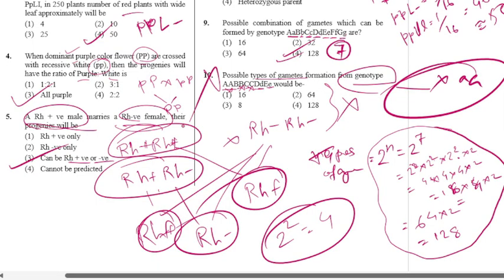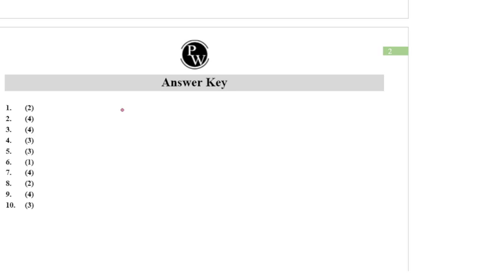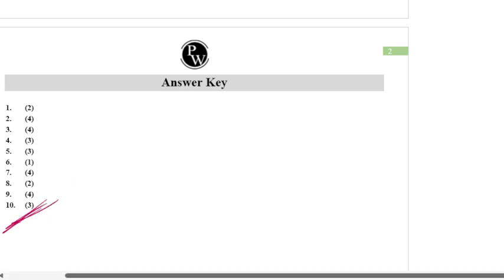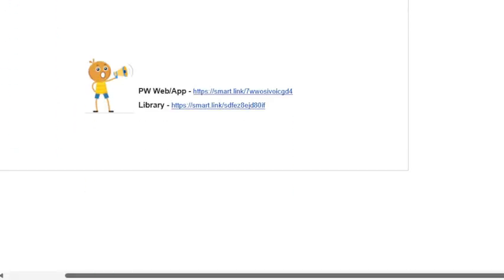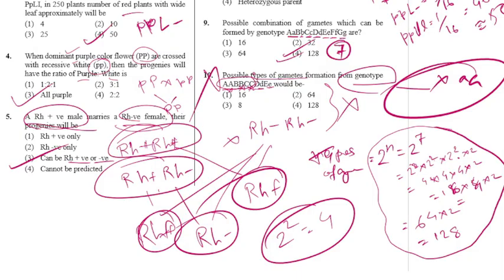So the question is incorrect. Let's check the solution here. You can see option 3 has been given, and let's check the solution. Oh, there is no solution. But I think the genotype is capital A capital A, capital B capital B, and capital C small c, capital D capital D. From these, any one should be heterozygous, like capital C small c or capital B small b.